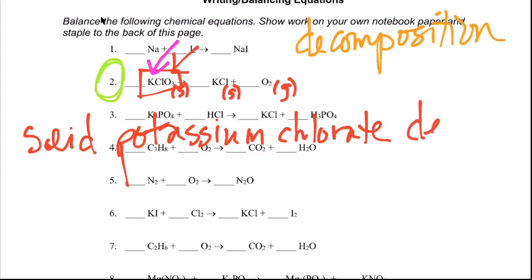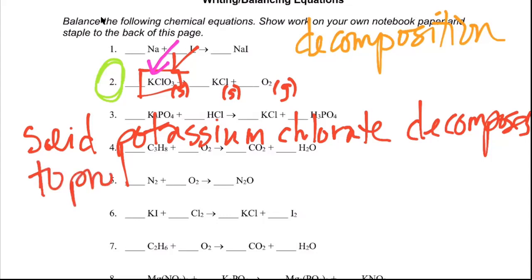I would probably say something like decomposes. Or if you wanted to use something a little simpler, you could say breaks down. Okay. But decomposes, breaks down to produce, or you could say to form or to make or to yield. Any of those would work. So solid potassium chlorate decomposes to produce, because that's my arrow.